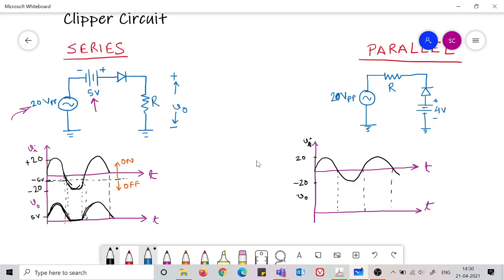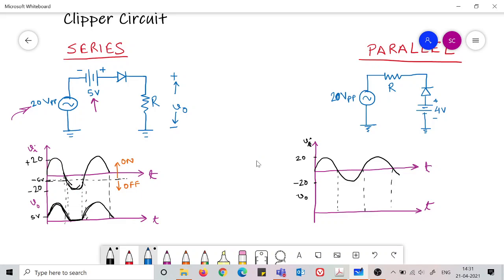So when is this diode forward biased, that is our first question. When the input side voltage is 0, of course it is forward biased. When the input side voltage reaches 4 volt, till then it is forward biased.